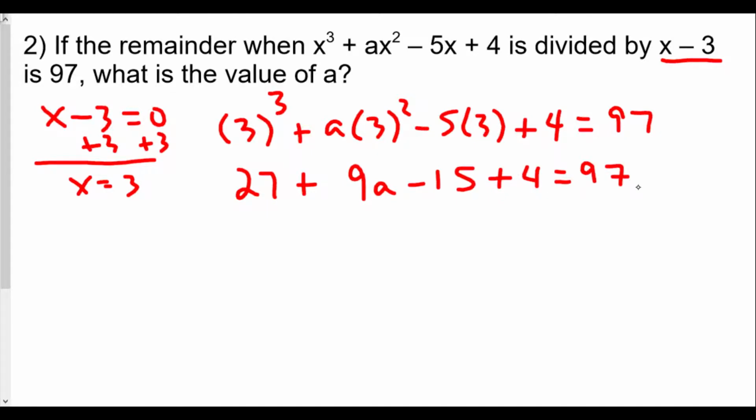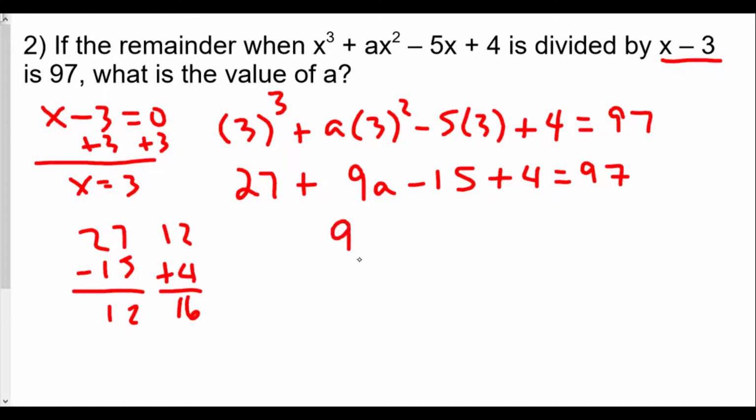I'm going to combine like terms. 27 minus 15 is 12, and then add 4, 12 plus 4 is 16. So now I have 9a minus 16 equals 97.